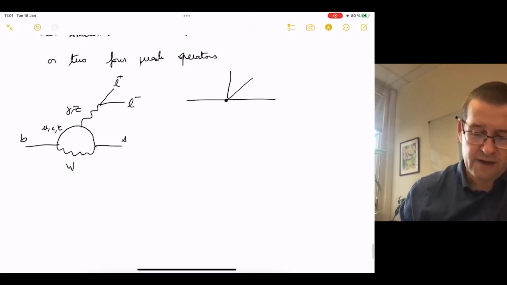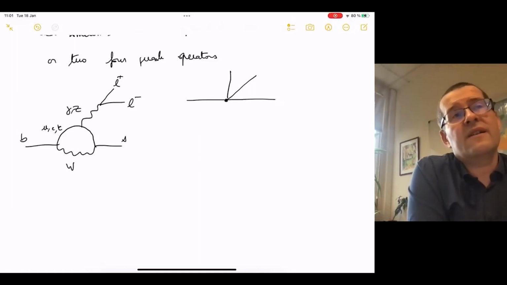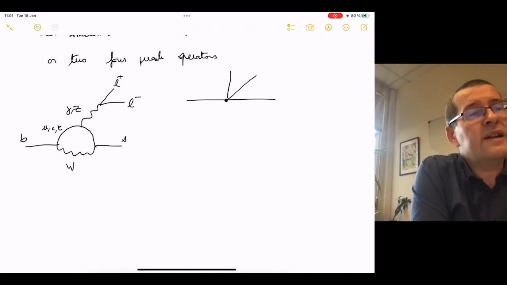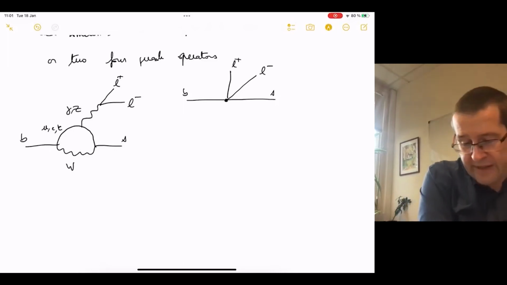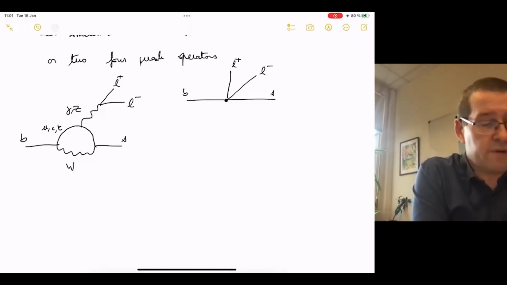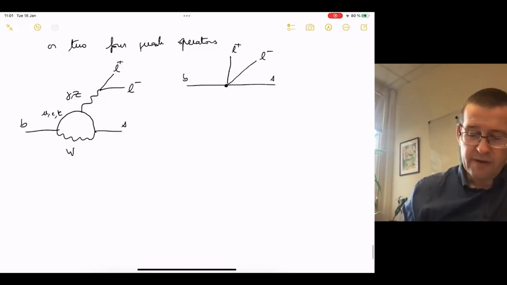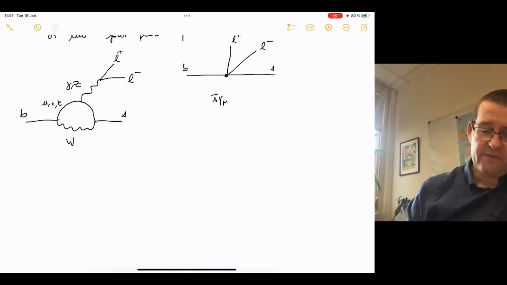For instance, if you say that you have a top and a Z, then clearly you have to consider that everything is integrated out, and then you get operators that will be similar to what we had before. So this time it's not 4 quarks, it's 2 quarks and 2 leptons, but it's still 4-fermion operators.